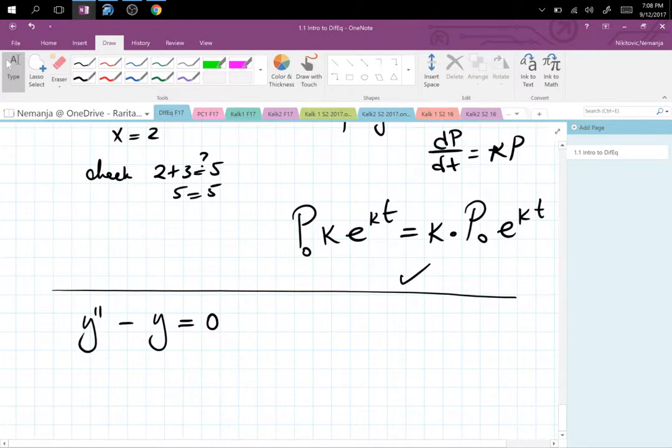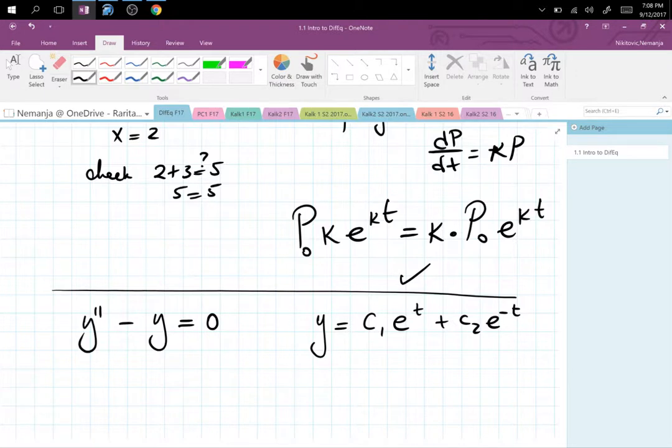My claim is that the solution for something like this is y = c1 e^t + c2 e^(-t). I hope. Yep. So now, what do we do?